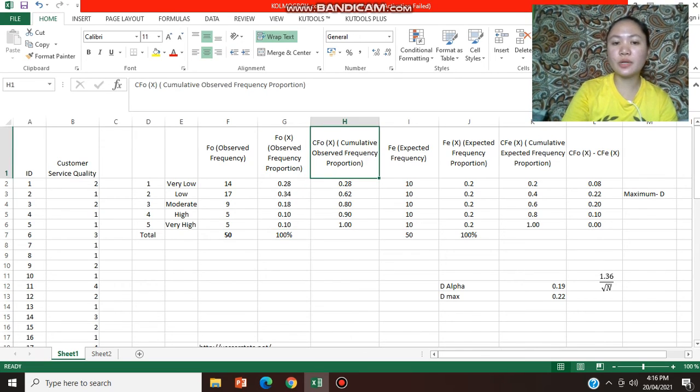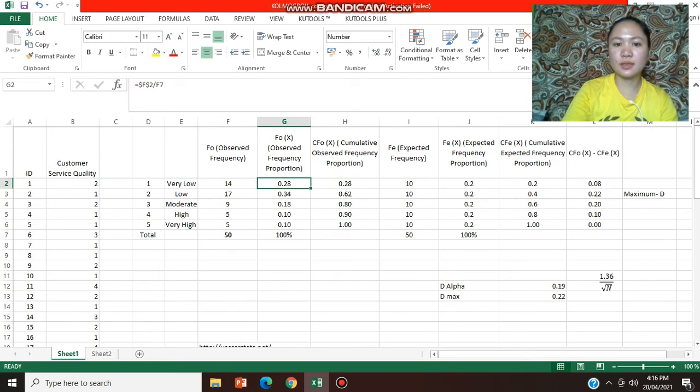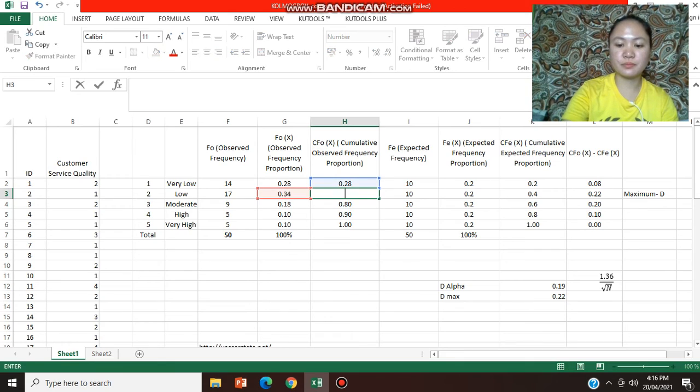Sunod, atong kuhaon ang cumulative observed frequency proportion. Ato rang i-copy ning observed frequency proportion diri. And then para makuha ning 0.62, equals 0.28 plus kaning 0.34 equals 0.62.